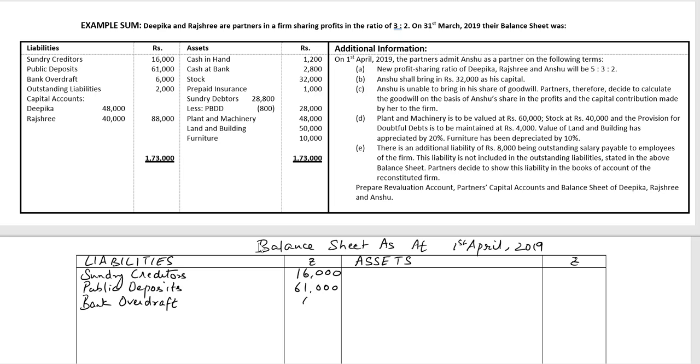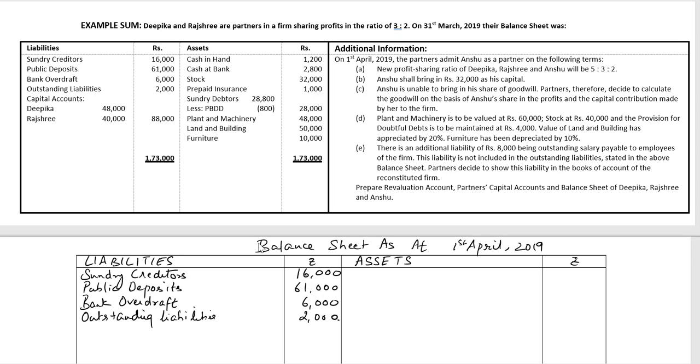No change, 6,000 rupees. Outstanding liabilities. No change, 2,000 rupees.